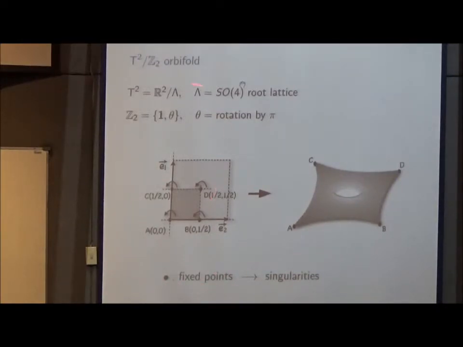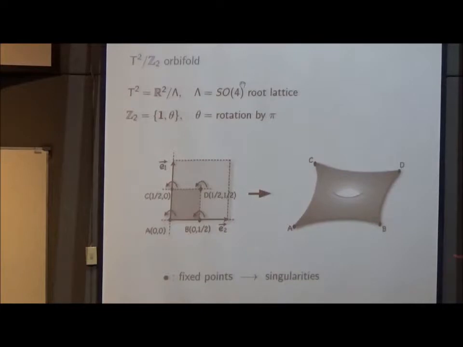So again, the fixed points are singularities. But this orbifold is pretty much flat, except for these singularities. All the curvature is accumulated in the singularities, whereas the T2 was flat.